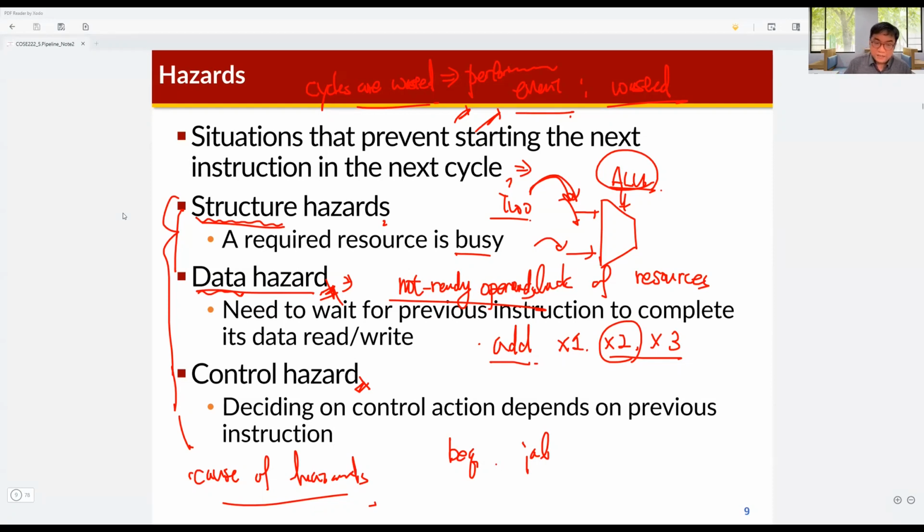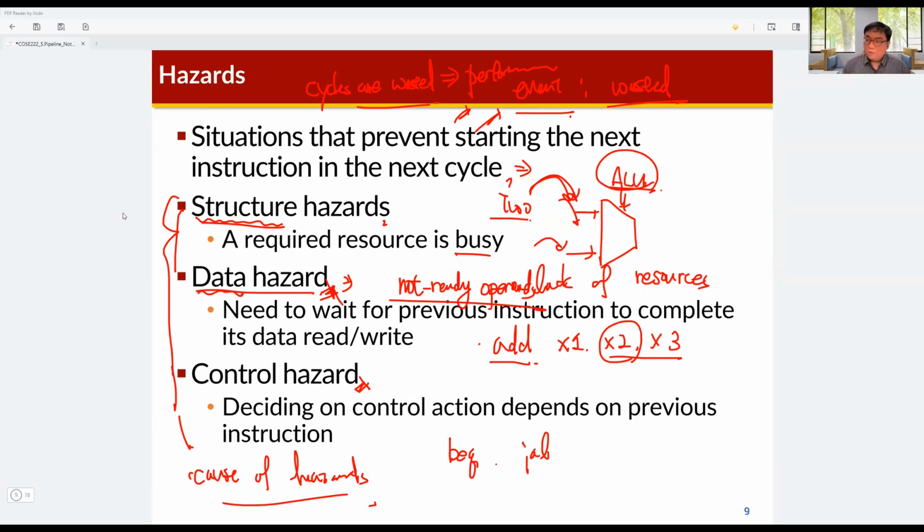There are three kinds of hazards: structure hazard, data hazard, and control hazard. These are categorized by the reasons of hazards, so you need to understand the reasons. If we know the reasons, then we can develop solutions for avoiding hazards.